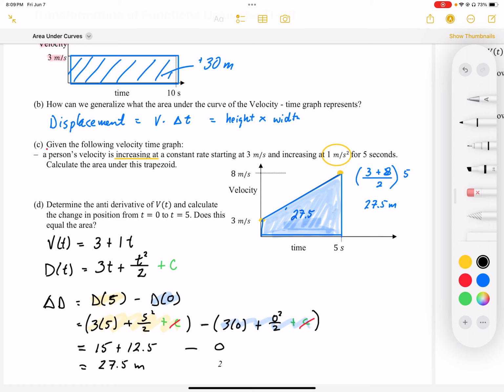And finding the difference in the antiderivative gives 27.5 meters, and the area under the curve is equal to 27.5 meters. Now, that's not a coincidence. We've kind of shown algebraically that these are actually equivalent, that the change in the original antiderivative is the same as the area underneath the curve.